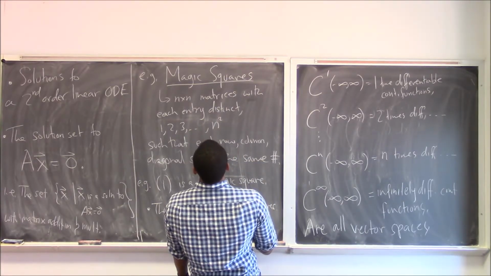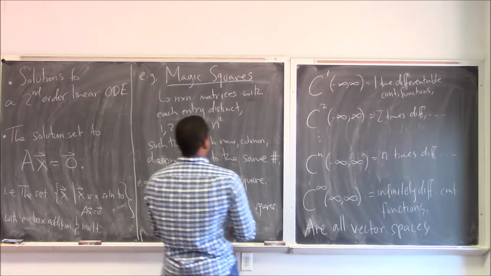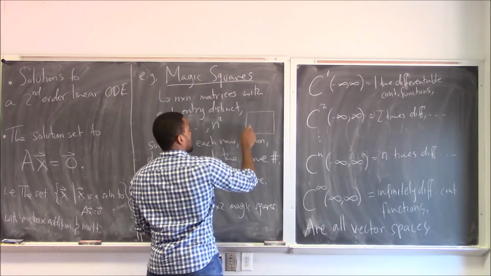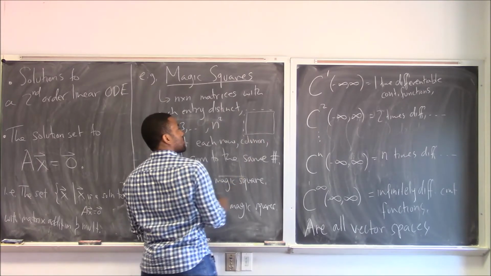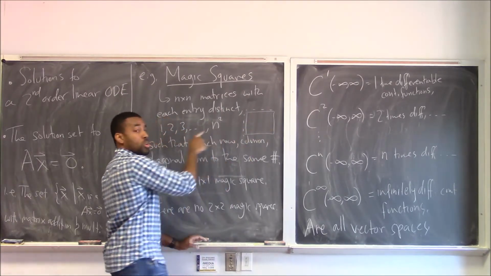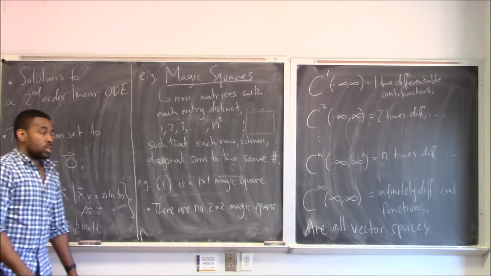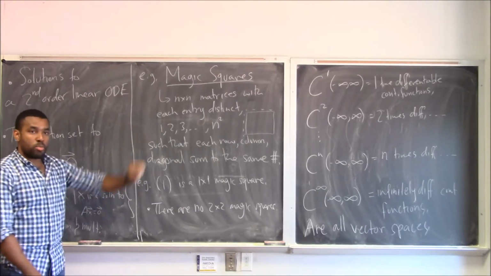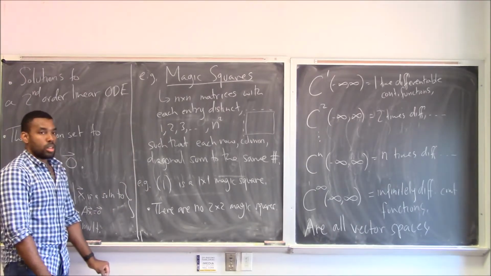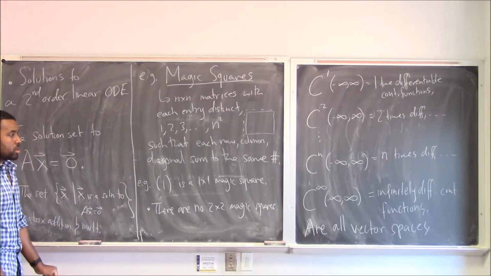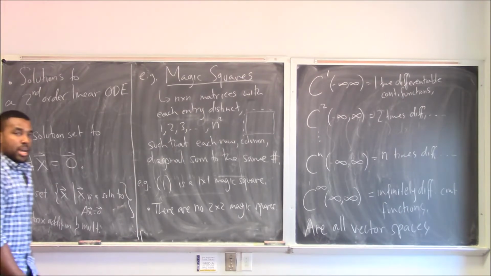What do you mean? They're n by n matrices. Oh, okay. They're n rows, n columns. There will be a total of n squared elements. If you can populate this, not repeating any elements, such that every row, column, and diagonal add up to the same number, it's called a magic square.